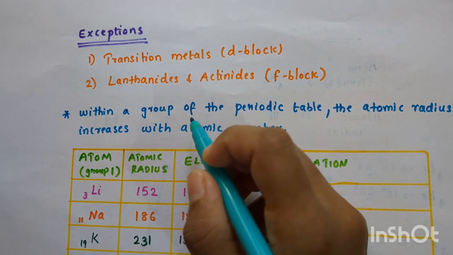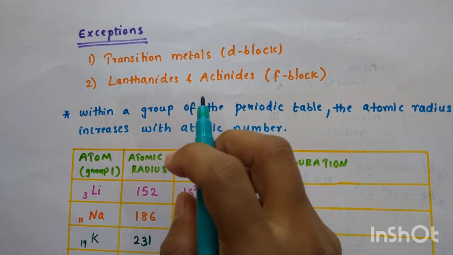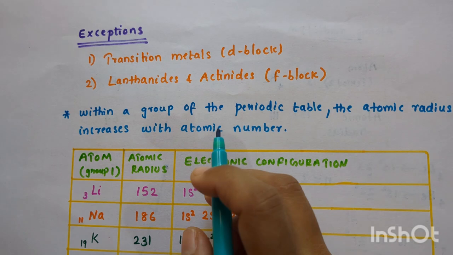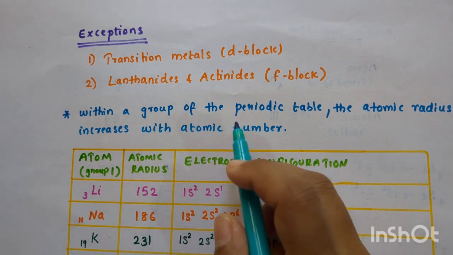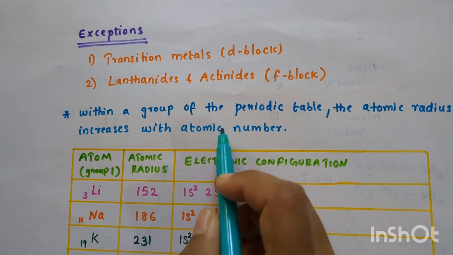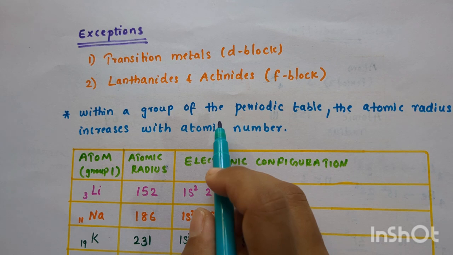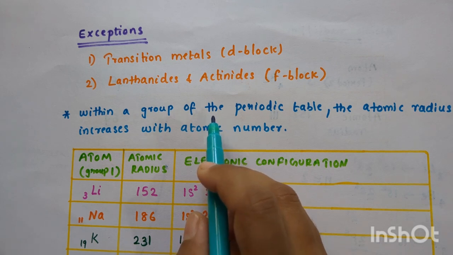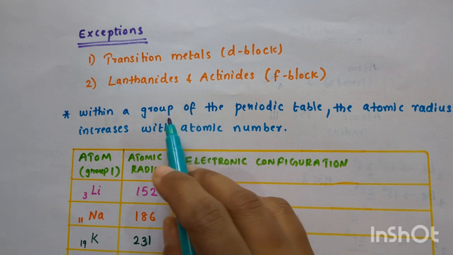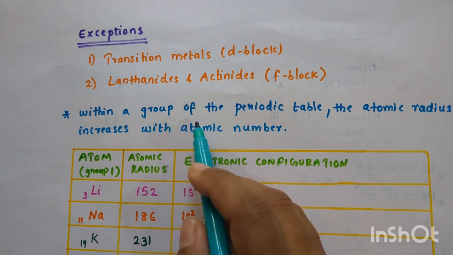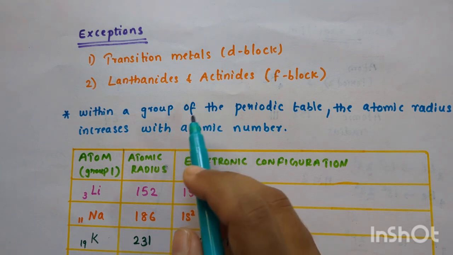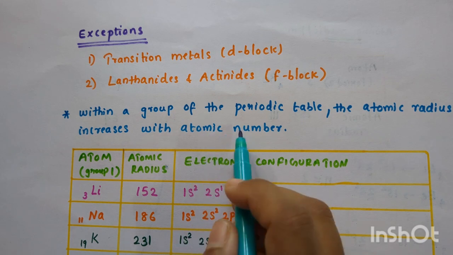Now you see, within a group or family or vertical column of the periodic table, the atomic radius increases with atomic number. So across a period, atomic radius decreases with atomic number. But within a group, that is, as we move down the group, the atomic radius increases with atomic number.